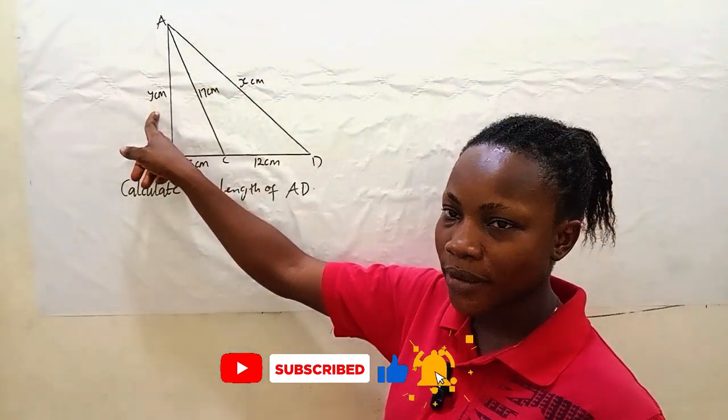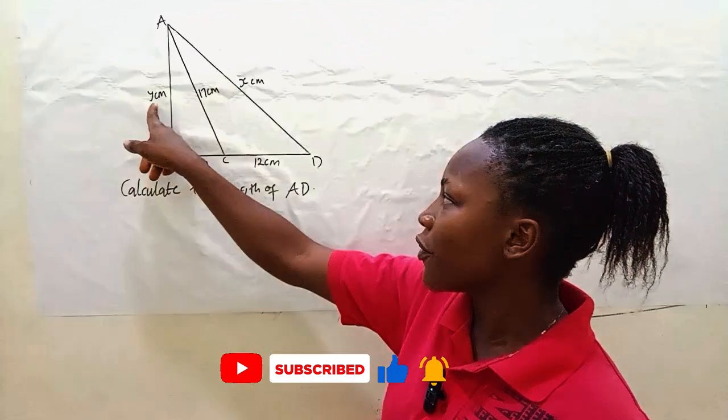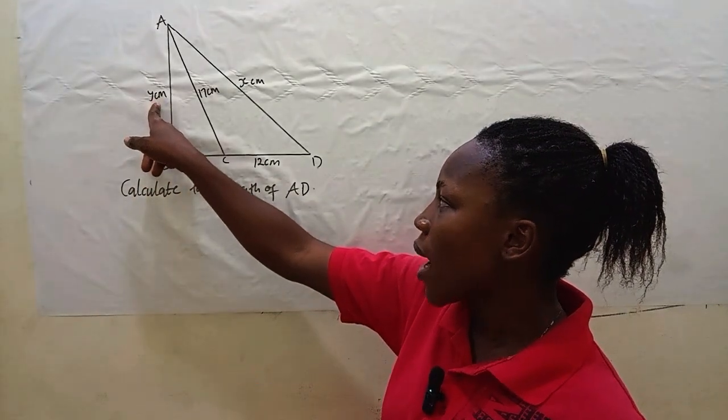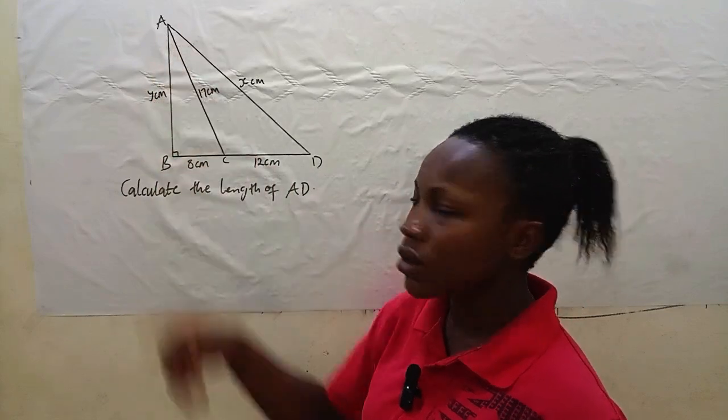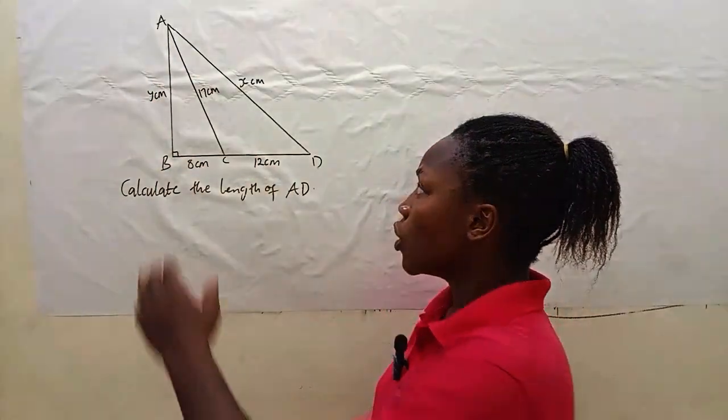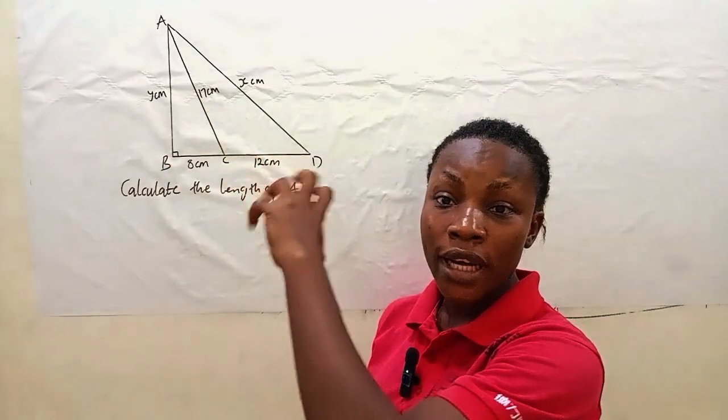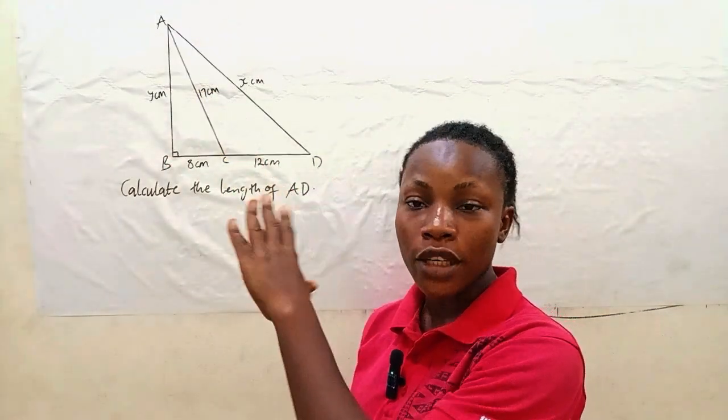of our y. And for us to find our y, we are using this right angled triangle. We have two right angled triangles here.